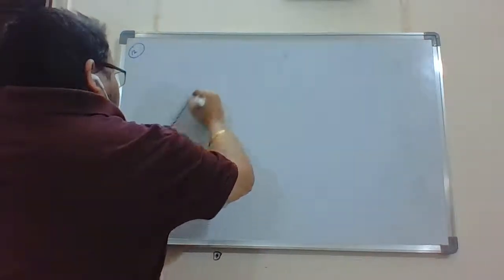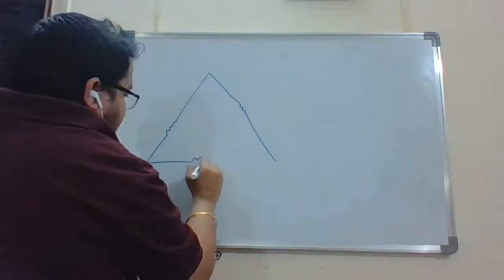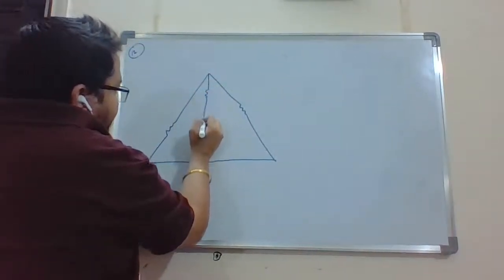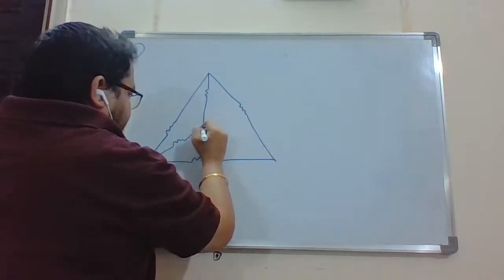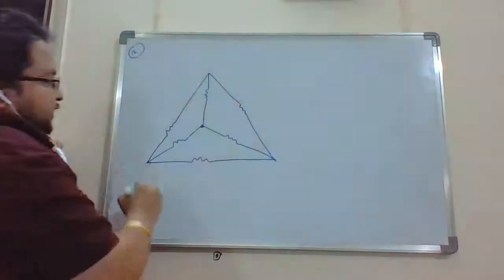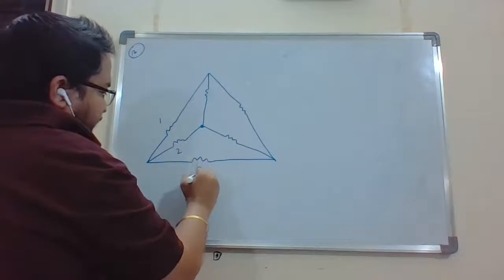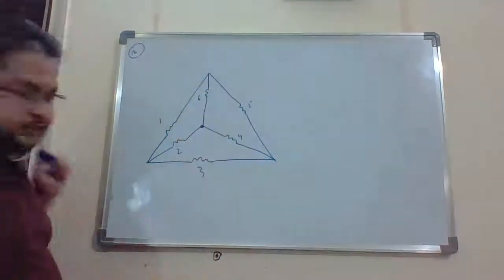So I have a triangle, and then I have connected three more resistors like this. Again, let me name them: one, two, three, four, five, and six.